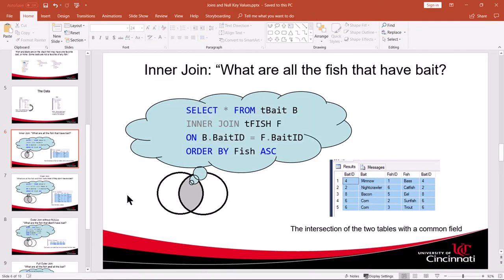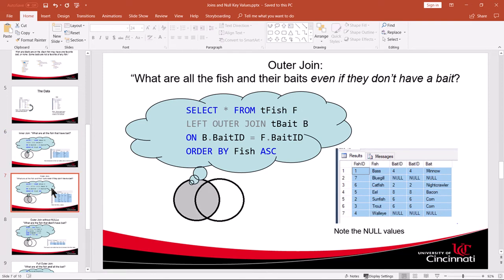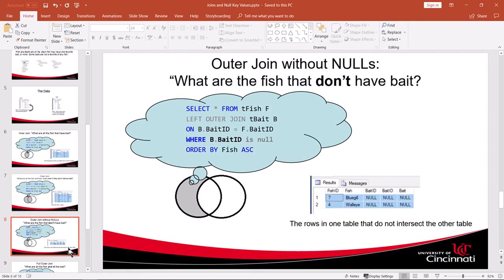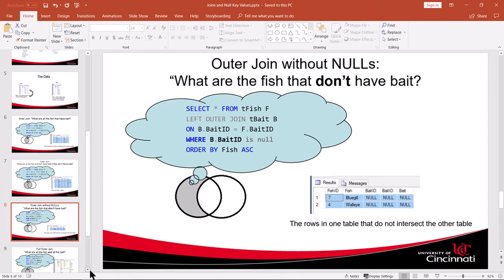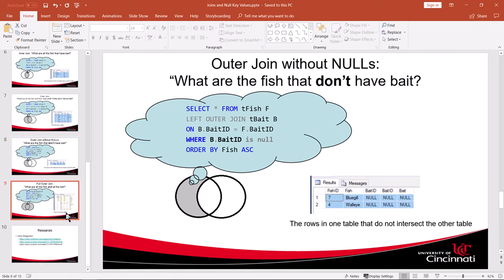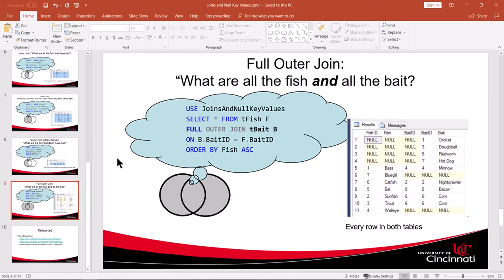I encourage you to read more about Venn diagrams and how they apply to database joins, and I expect you to be able to understand, apply, and explain inner joins, left and right outer joins, and full outer joins.